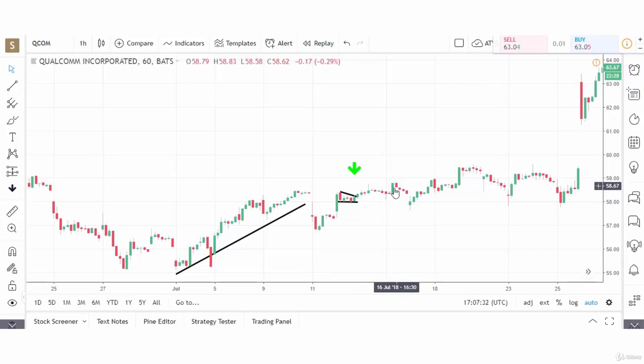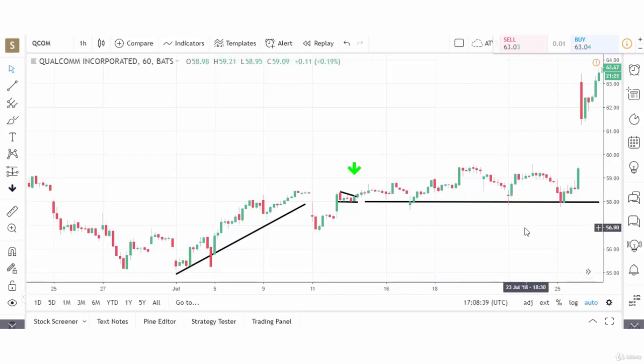We then have the stock coming back and testing this support level, which we can continue to draw here, and then moving up, bouncing off support, moving up, bouncing off again, before it finally moves up off the 58 level, back up to the 62 level and beyond. So our pennant ended up being longer term support on an hourly chart, which we could have used to keep us in a long trade until the stock finally made a move higher.